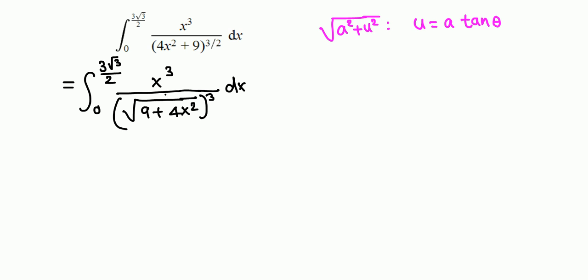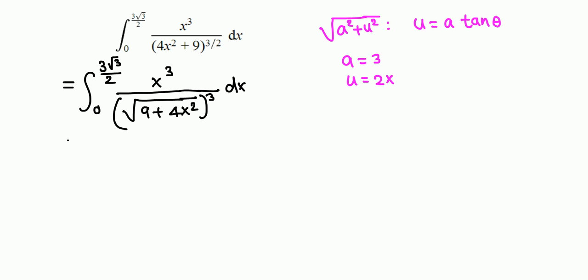We are going to make this substitution u equals a tangent theta. For this part, a squared is 9, so a is 3, and u squared is 4x squared, which is (2x) quantity squared, so u is 2x.